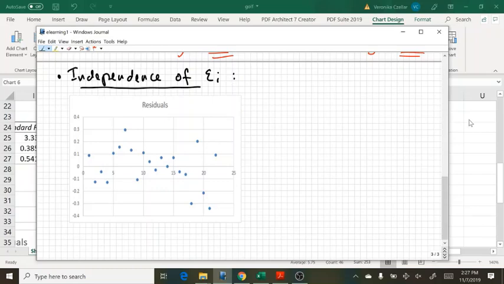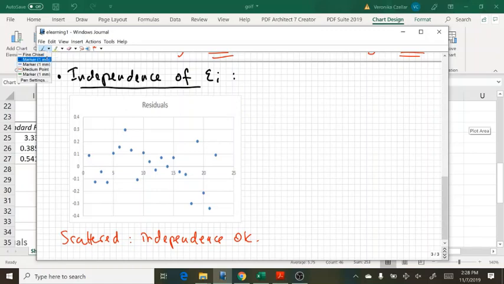And if it's chaos, if it's scattered, it's good. So scattered means independence, okay, which we have.